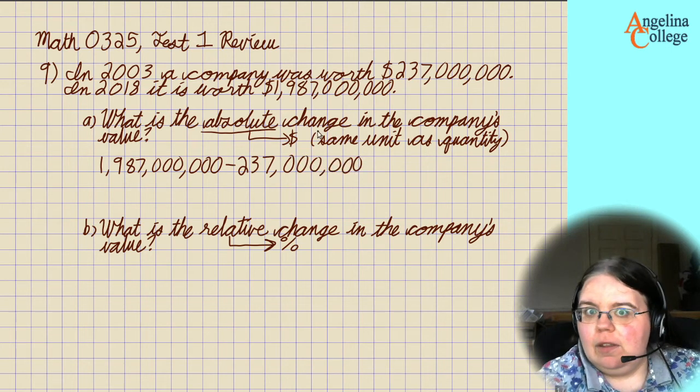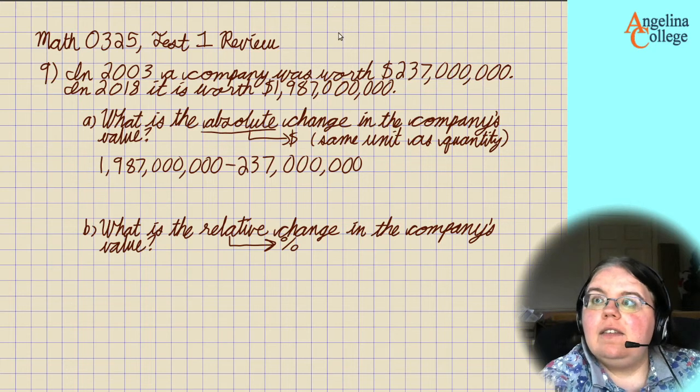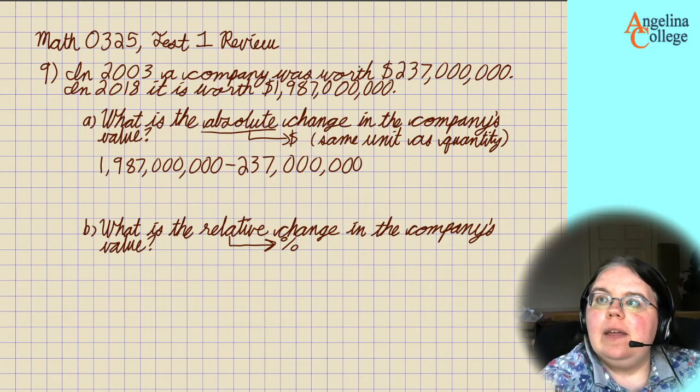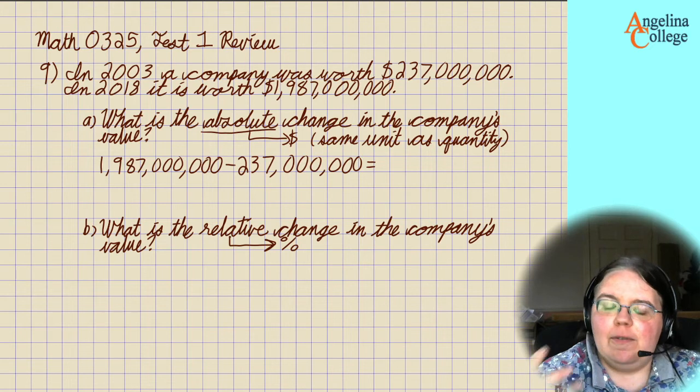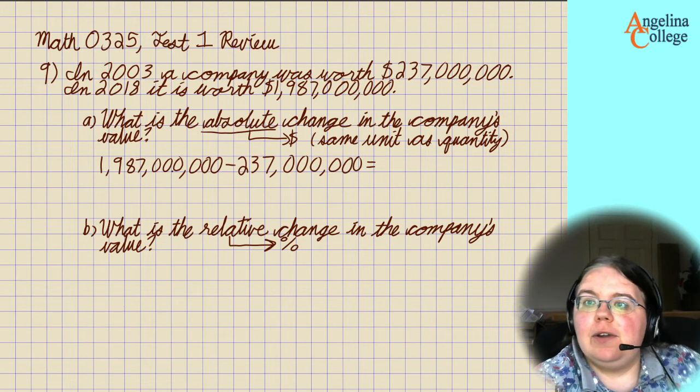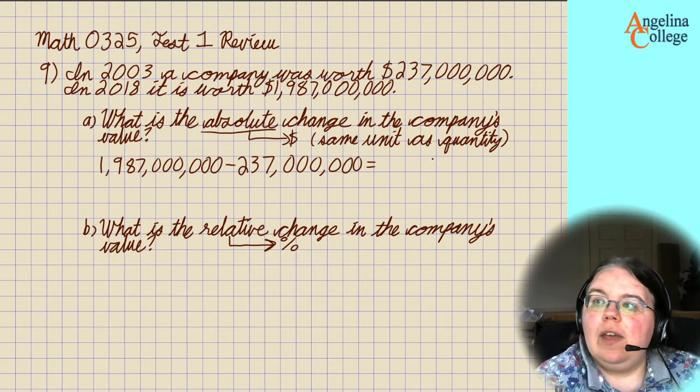Now, between you and me, since those zeros all line up, if you want to avoid the chance of miscounting the zeros, putting it in the calculator, it's okay to just put the zeros back on at the end.